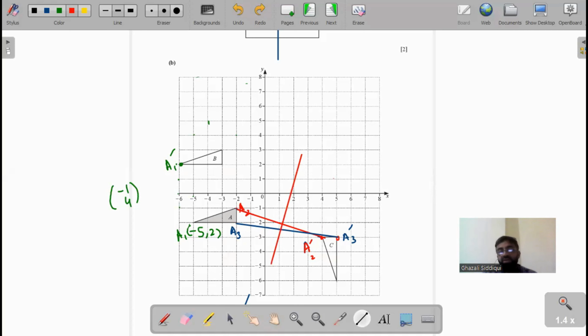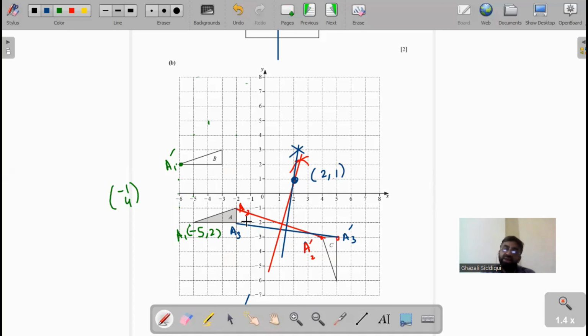This is the perpendicular bisector, and next the perpendicular bisector of A3 to A3 dash, and the perpendicular bisector of A3 dash is this. Now we see that this is the point where both perpendicular bisectors intersect, and that point is called the center of rotation.